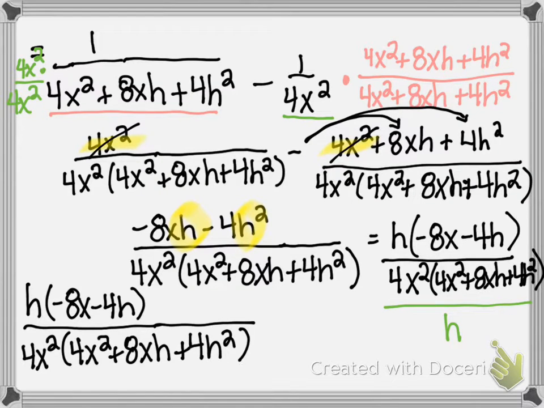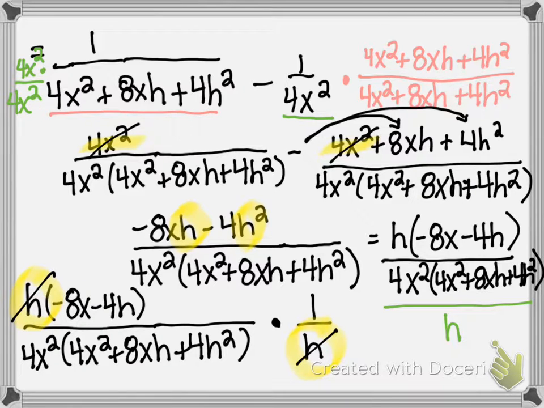Alright? Now, instead of dividing by h, we are going to turn this into multiplying by 1 over h. So why do we want to do that? Because now, because I have multiplication, I have an h in the numerator and an h in the denominator. Those will cancel.